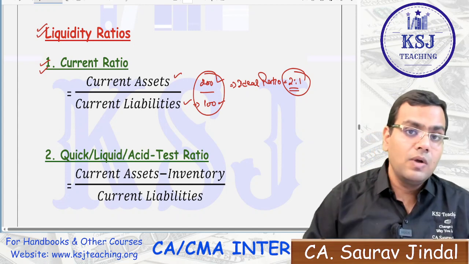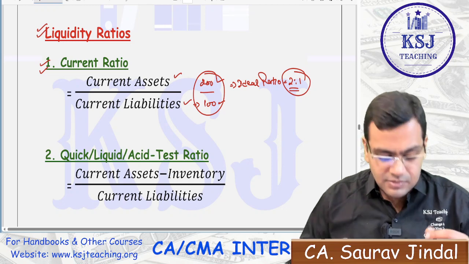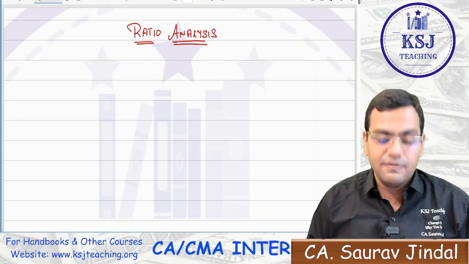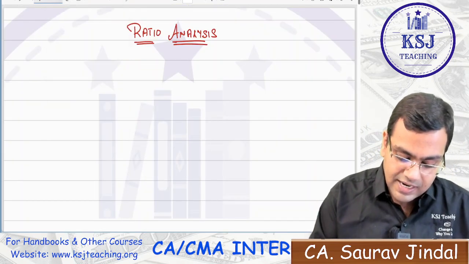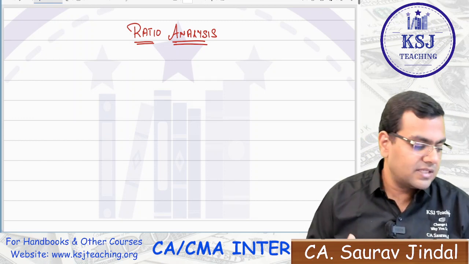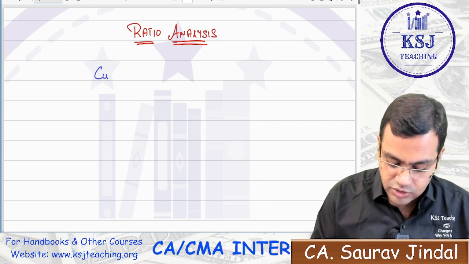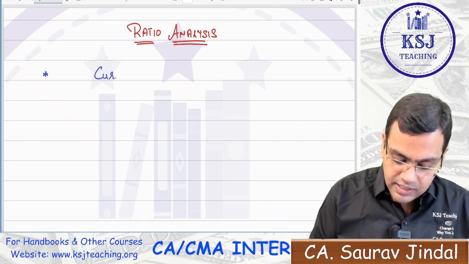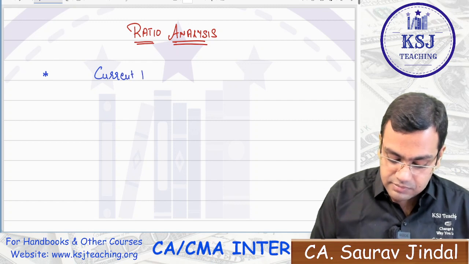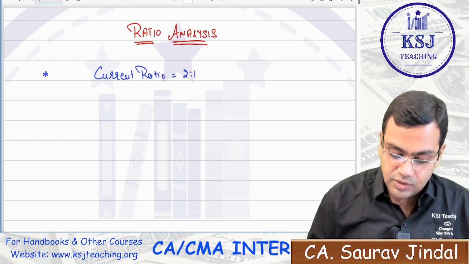Remember this thing. Now, in the examination, in any kind of question, sometimes the information can be given to you in different ways. Let's see how the information can be given and how to calculate the various things, right? So it might be that the current ratio is not required to be calculated, but the current ratio is given to you, that is 2:1.